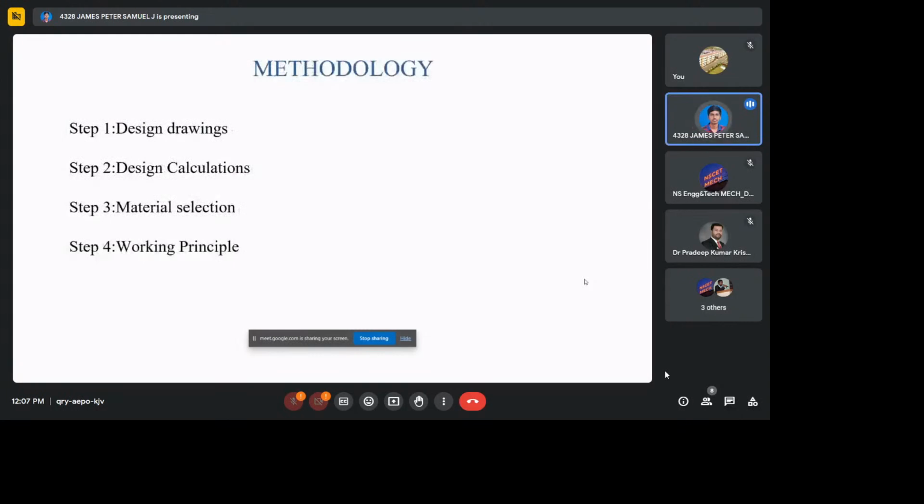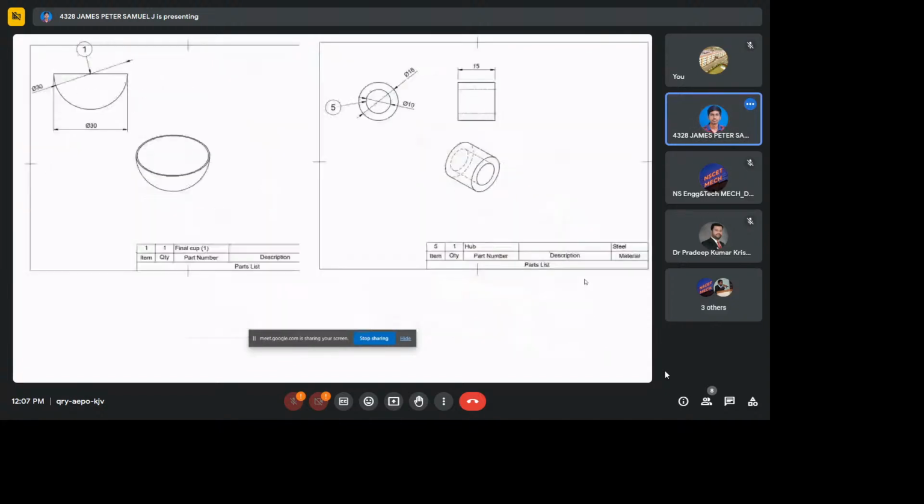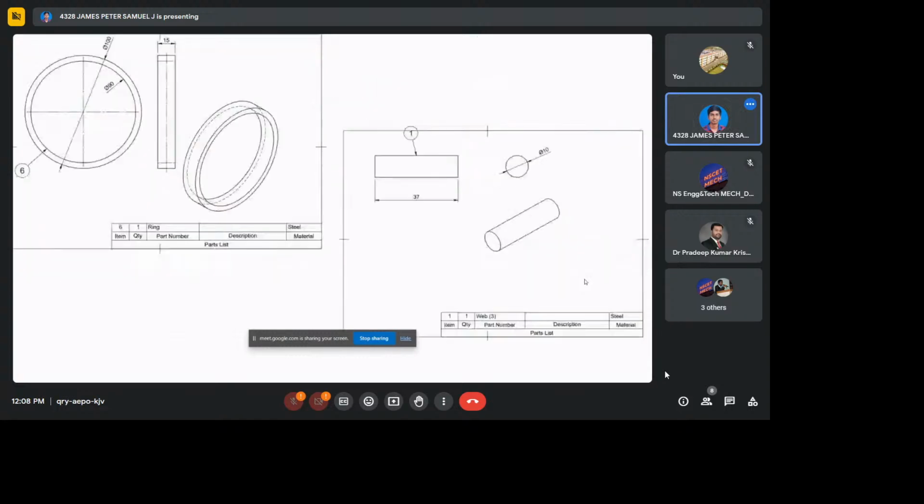Methodology: design drawings, design calculation, material selection and working principle. The concept designs and 3D modeling are done using software called Fusion 360. This CAD software is used for modeling the 3D diagram of the Pelton wheel and its components. As you can see, the 2D diagrams of the hub and spring of the Pelton wheel components.